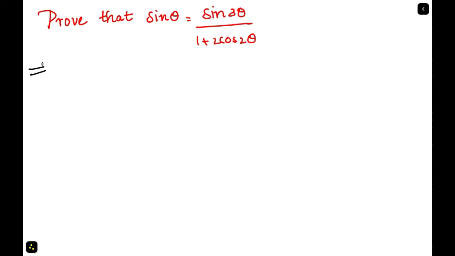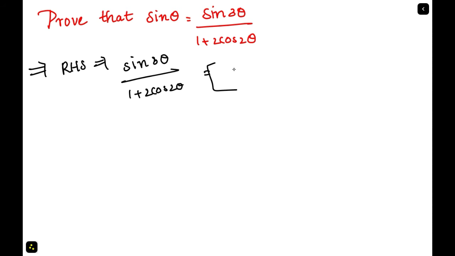Now I am going to solve the RHS. So let us take RHS. This is sin 3 theta by 1 plus 2 cos 2 theta. Sin 3 theta has a formula: sin 3 theta is equal to 3 sin theta minus 4 sin cube theta.